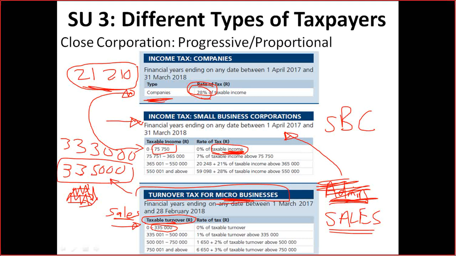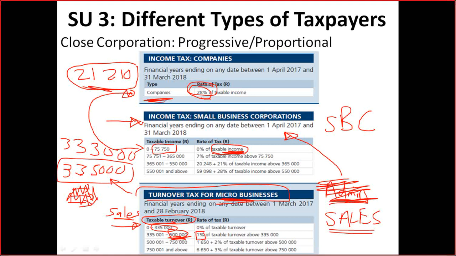Even if you make 500,000 a year taking photographs, then as a micro business paying according to turnover, you're just going to pay 1% on your turnover. So 1% of 500,000 is 5,000 Rand, I think.